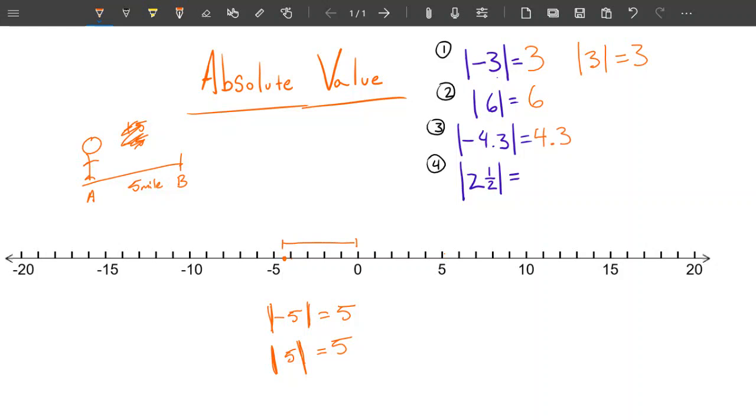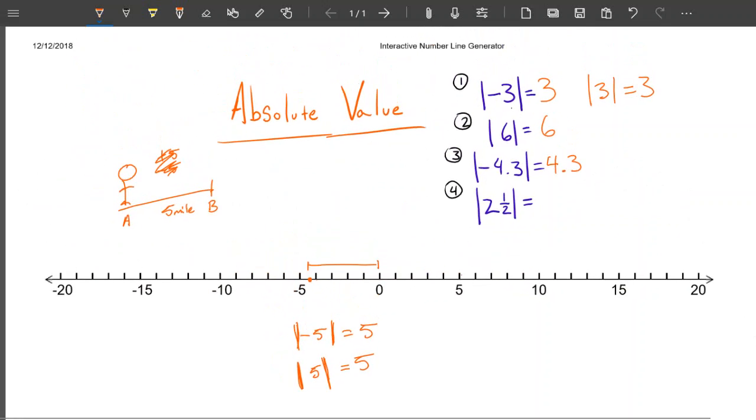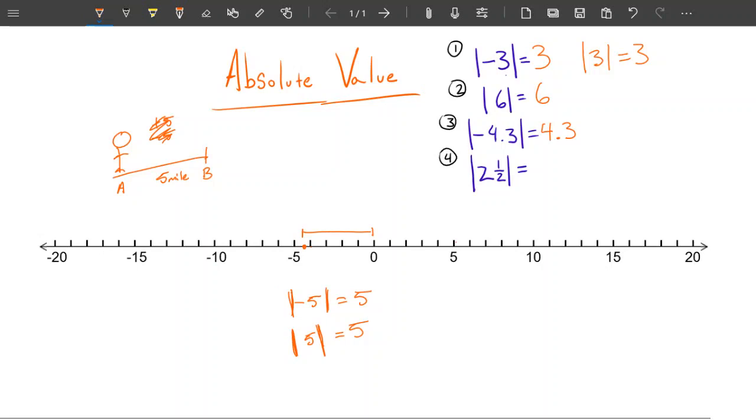So once again, we could say, what's another number with the same absolute value? Positive 4 and 3/10 has the same absolute value. And same with 6. We could also say the absolute value of 6 is also 6, because it's another point on a number line that is the same distance from 0.